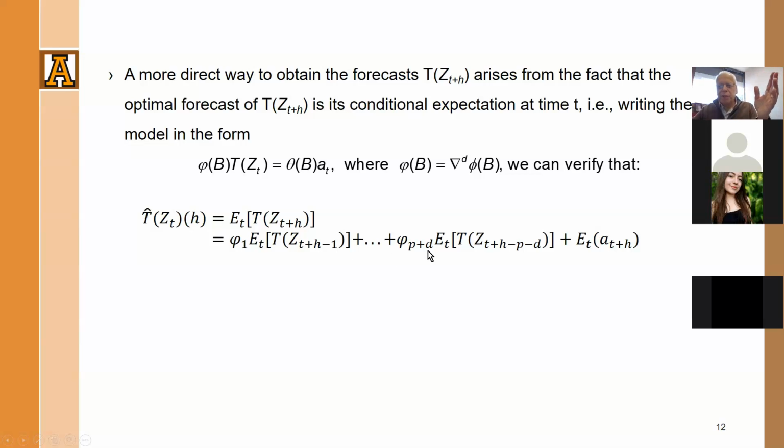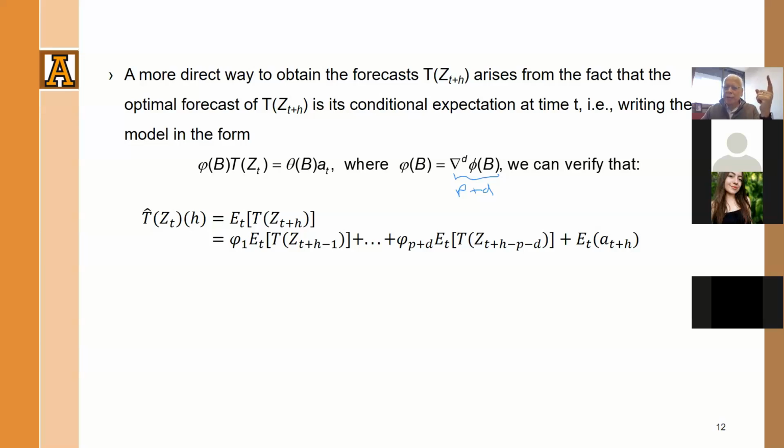Why p plus d? Because we have the autoregressive polynomial of order p, and I'm taking d differences. So when I multiply these two polynomials, I get a polynomial of order p plus d. That times the conditional expectation of T(Z_{t+h-p-d}).